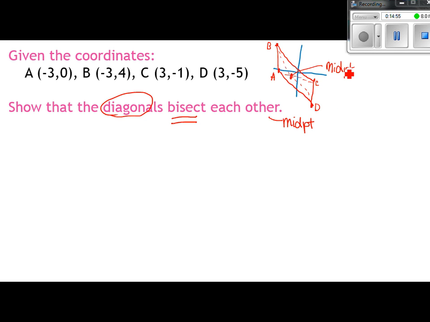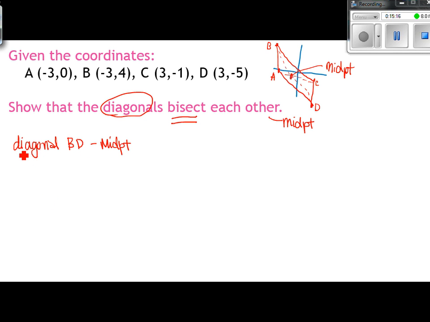So if AC's midpoint is the same as DB's, then we will have bisecting diagonals, and it will be a parallelogram. All right, so the first thing we want to do is take the diagonal. It doesn't matter which diagonal. Let's take BD and find its midpoint.